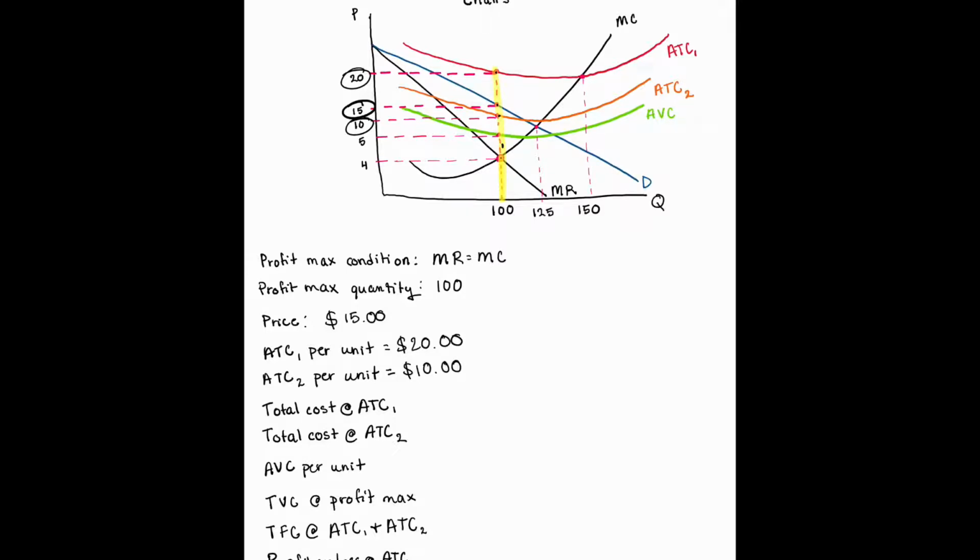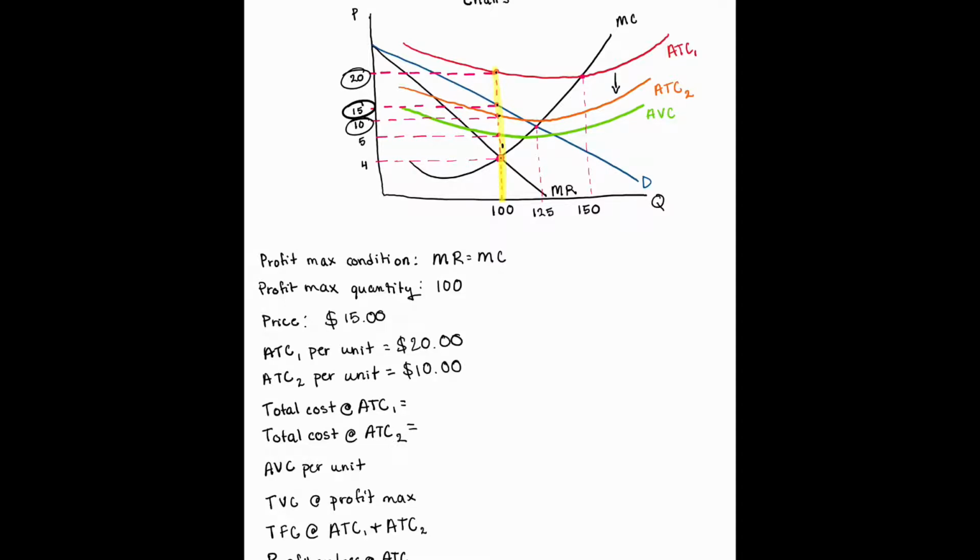What I'm doing here is showing you two different average total cost curves. This is kind of simulating what would essentially happen in this market if average total cost were to decrease over time.